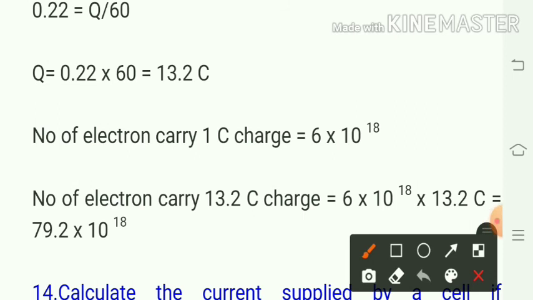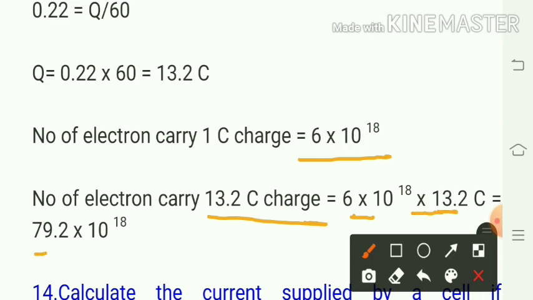The number of electrons that carry 1 Coulomb of charge is equal to 6 into 10 raised to 18. Therefore, we have to find the total number of electrons present in this 13.2 Coulomb of charge, which is equal to 6 into 10 raised to 18 into 13.2.